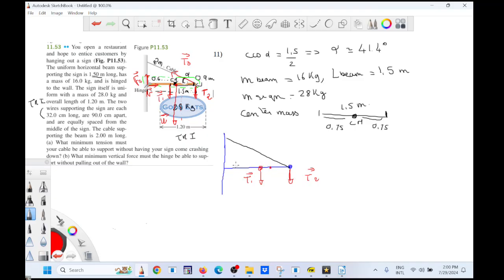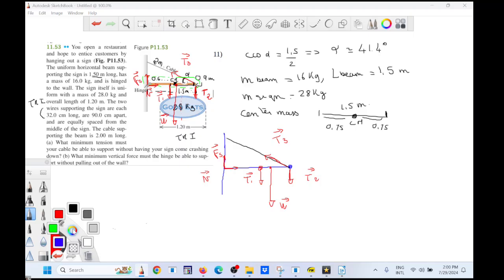So that will be 0.7. You have the weight here. Okay. And what else? You have a force from the wall, and the components will be a vertical force, which is like a static force, and you have a normal force this way. And you have T3 that way.